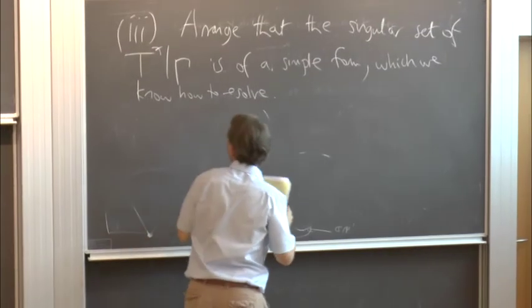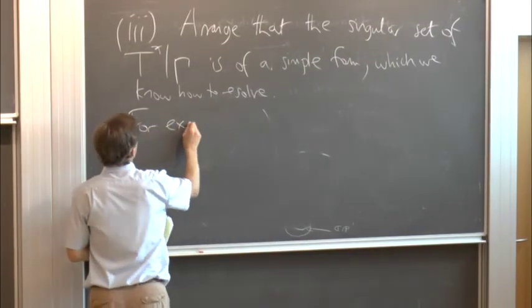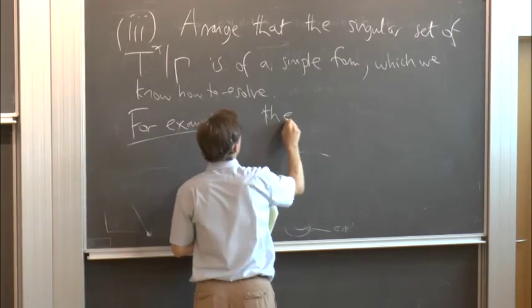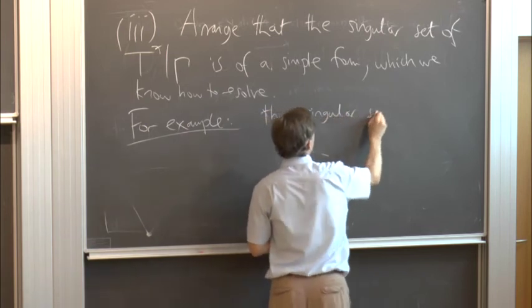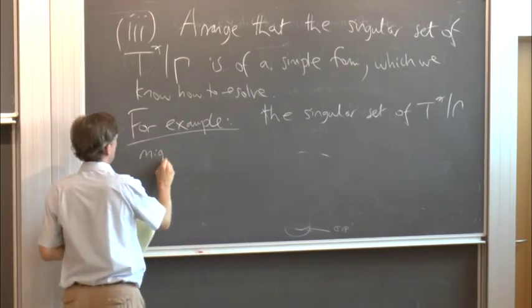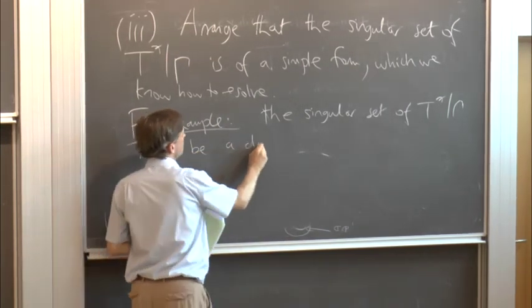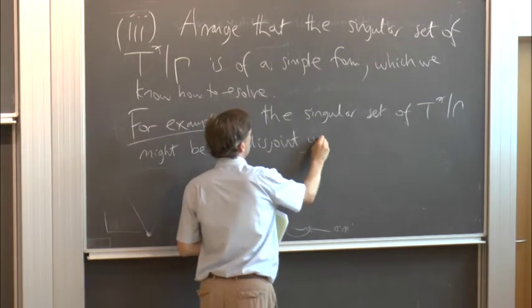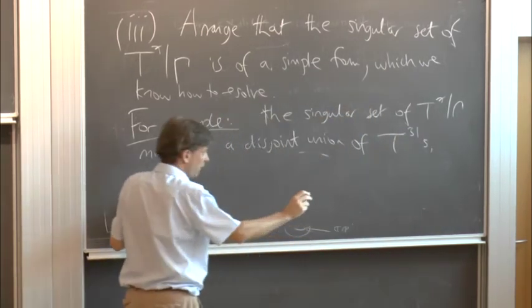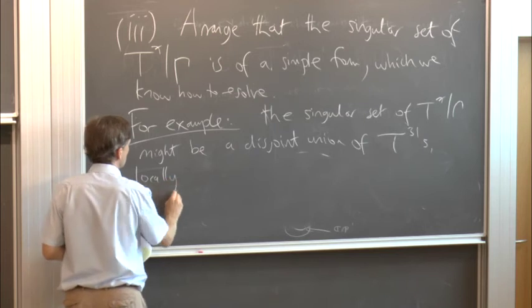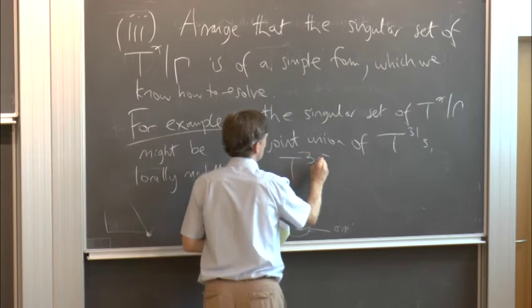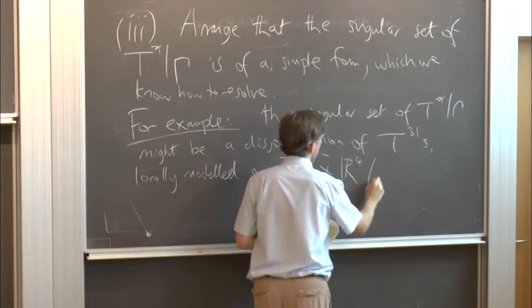Okay, so for example, in the simplest cases, the singular set of T7 mod gamma might be a disjoint union of copies of T3s, and near each T3 it should be locally modelled on T3 cross R4 over plus or minus 1.